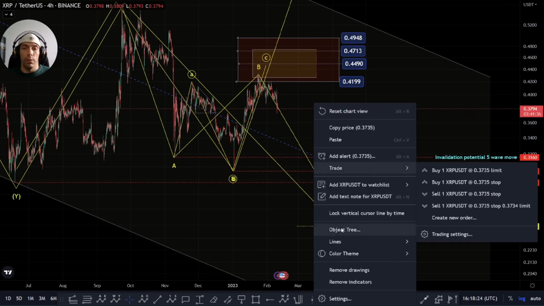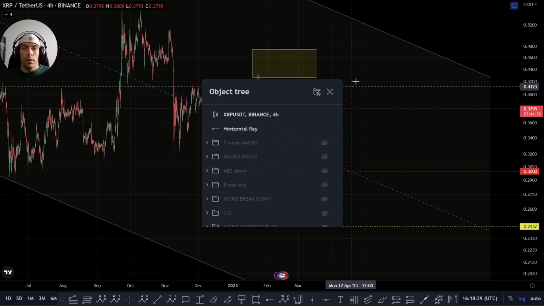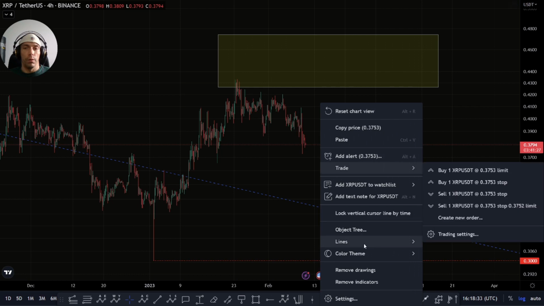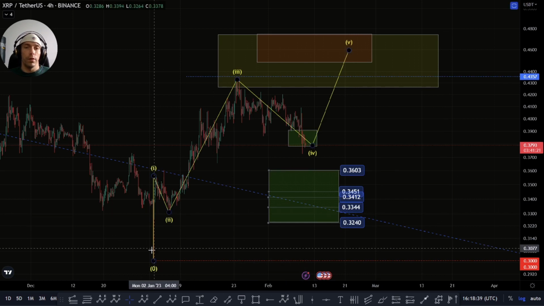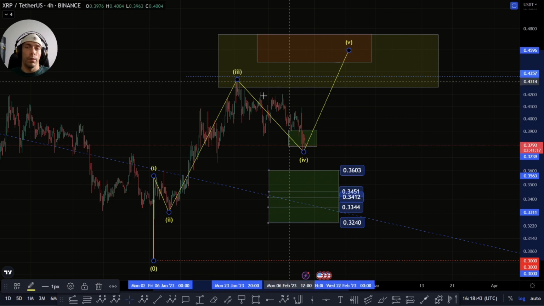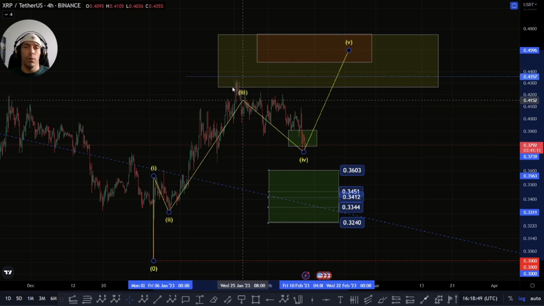And what we'd be looking for here, I'm going to go over this now. Let's go into the smaller time frame here. Actually, I'll only keep it on the 4 hour. So within this, I'm looking at two things. If we were looking at this in isolation, we can argue that we could potentially get a fourth wave here and a fifth wave to the upside. This is what we were looking at last time. We were looking to come higher here than this 43.57, but we didn't quite manage it.